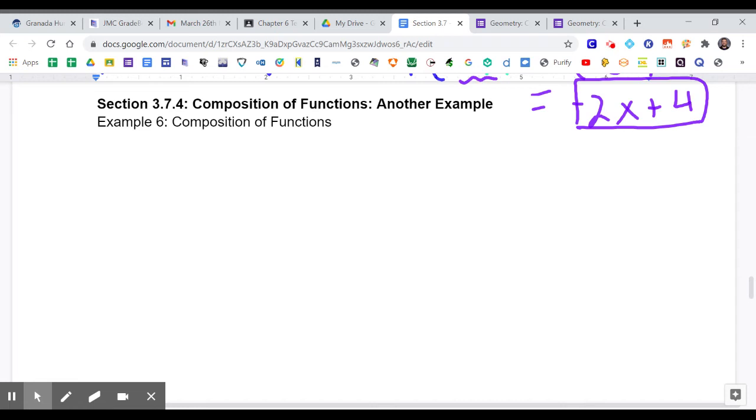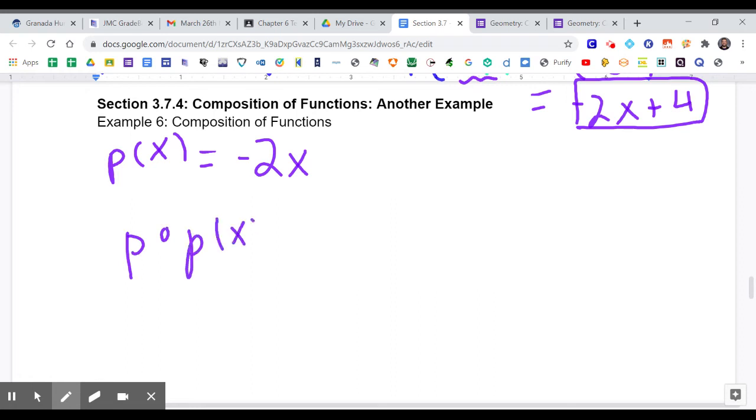Sometimes we're also going to use composites of a function with itself, and then we can also evaluate it. So we said p of x is negative 2x. So what if I did this? p of p of x. What would that look like?